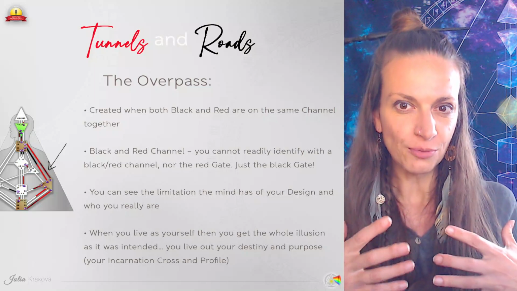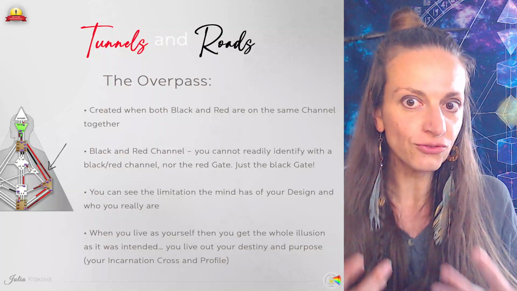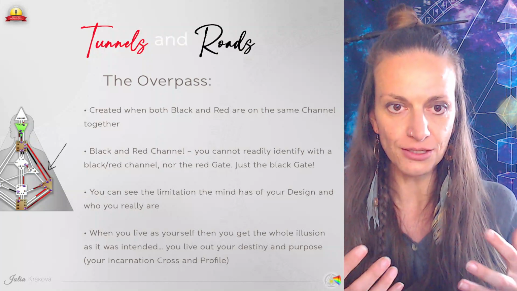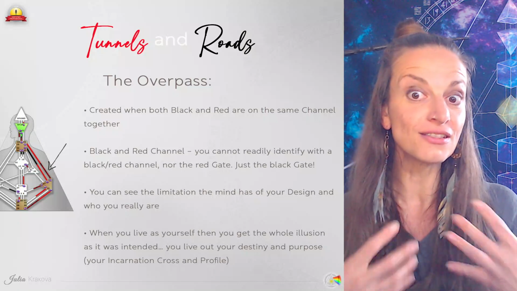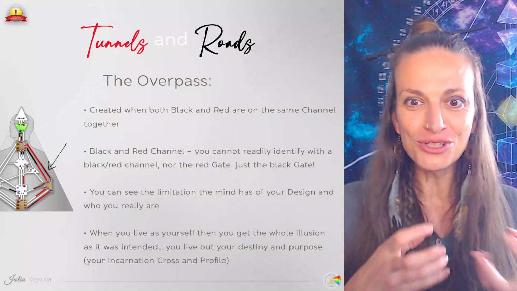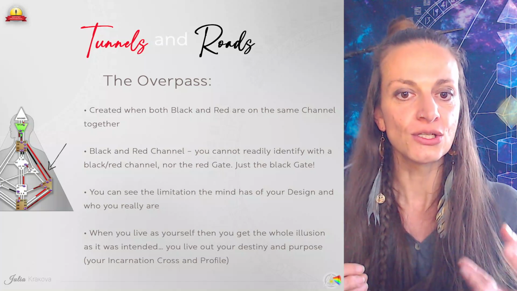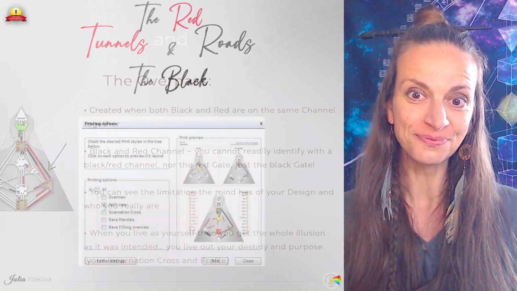And usually the process will be either rejecting or really wanting that kind of quality. Of course, for this you need to understand the gate. But that is the process. There's more variety of negotiation with the mind when there is an overpass. So it's another thing to look at and to be aware of.